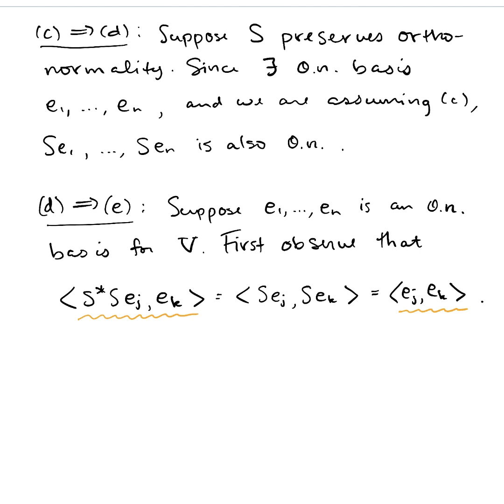Once you understand an operator on the basis, then by way of linear combinations, you understand that operator on any vector. I'm with it in spirit, but I think there's a little bit to be said at this point about how we bootstrap from the current statement concerning S star S acting on the E's to the broader statement concerning how S star S acts on arbitrary vectors.